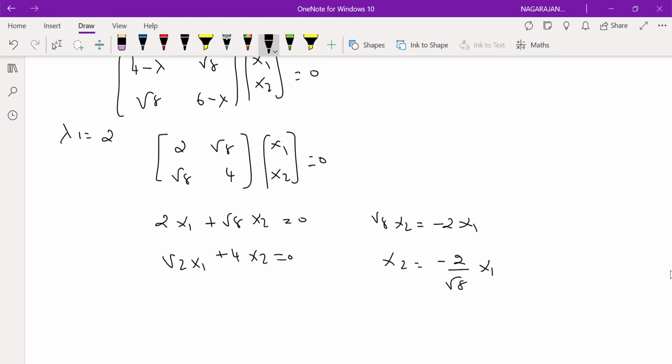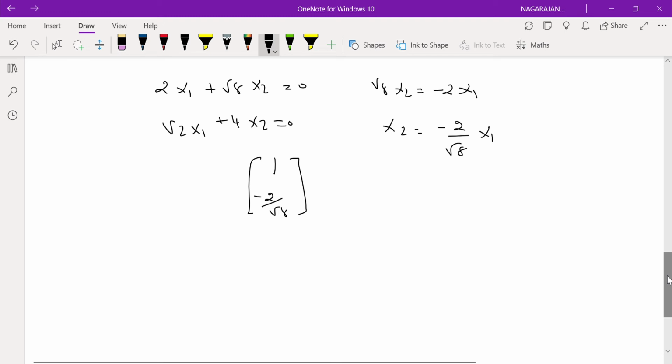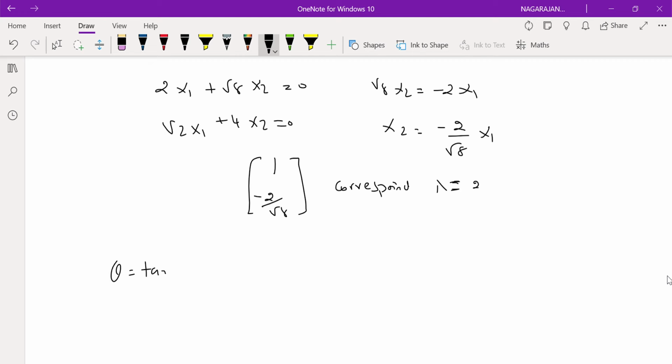For instance, x1 equal to 1. So (1, minus 2 by root of 8) is the eigenvector corresponding to lambda equal to 2. Now find the angle: tan inverse of x2 by x1.